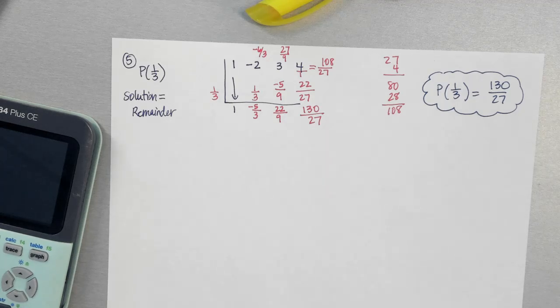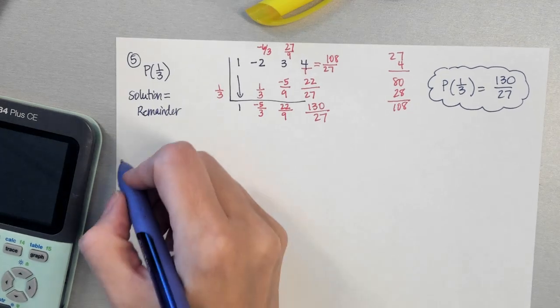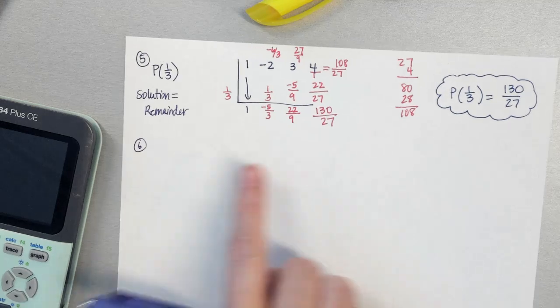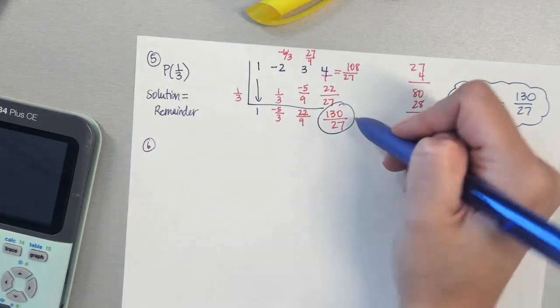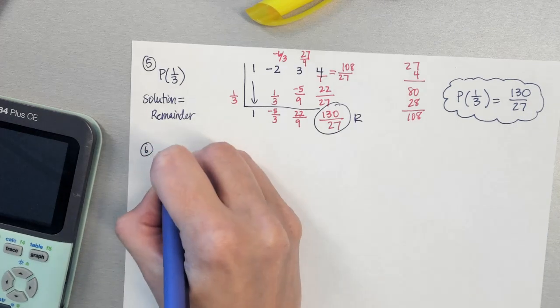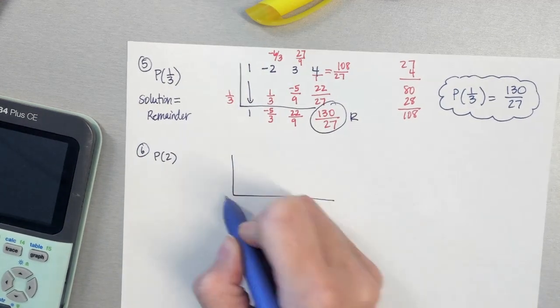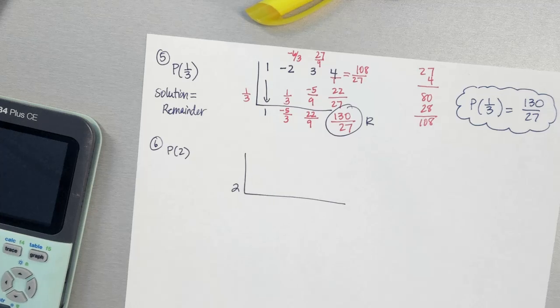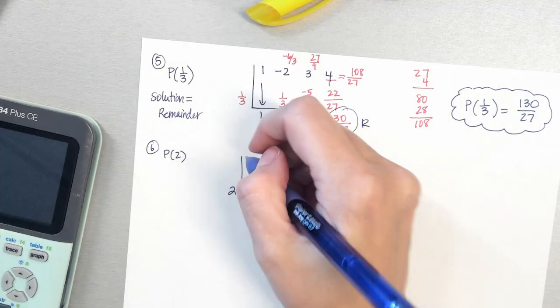All right, and then for 6, you're using synthetic division and the remainder theorem to evaluate P of 2. So again, your solution is your remainder. So if you have P of 2, you want to watch out for placeholders. When do you use a placeholder?